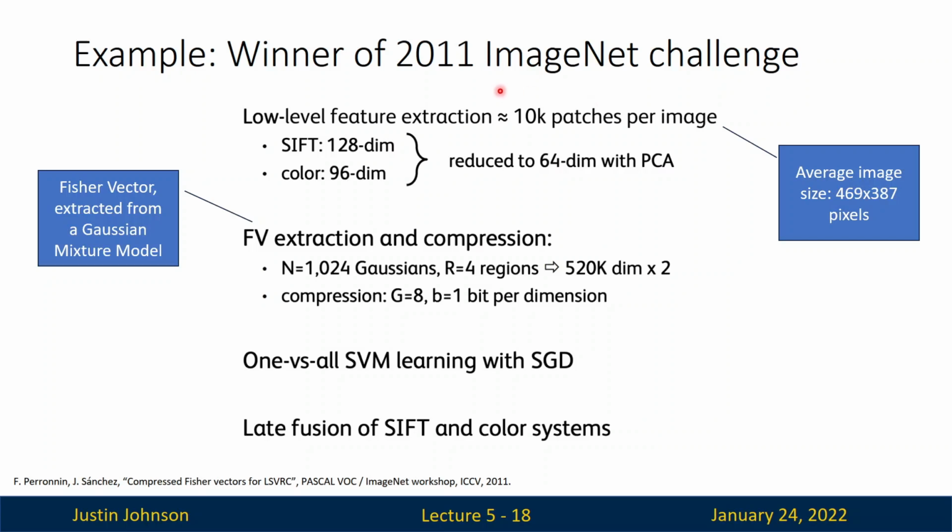In 2011, I think the 1,000 classes were available. So they need to train one-versus-all SVMs for 1,000 classes. Then when a test image is given, they try the 1,000 SVMs, see which gets the highest score, and assign that class to the image.